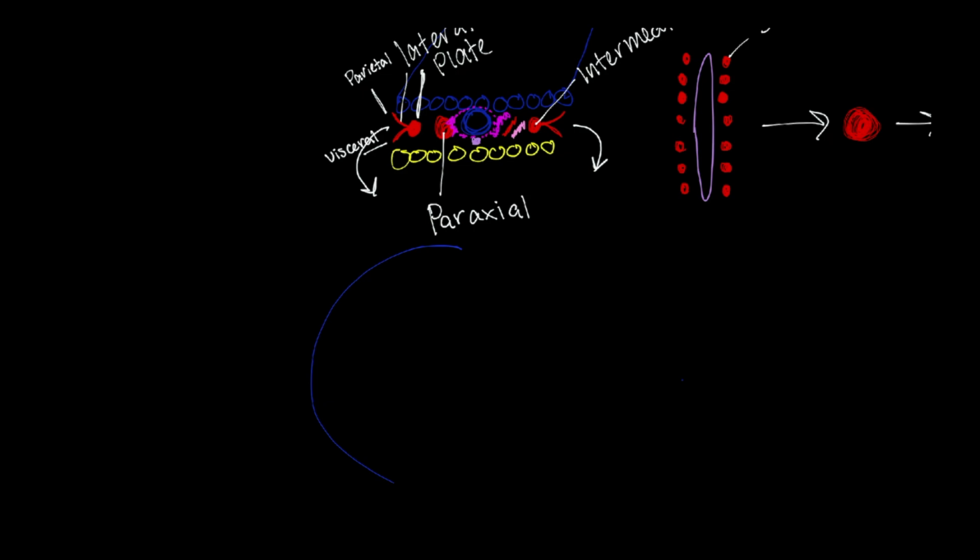Here is that surface or skin ectoderm, and then the parietal lateral plate will look something like this. This will be that visceral lateral plate.